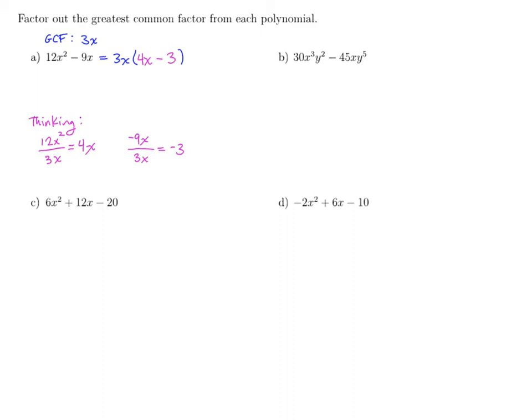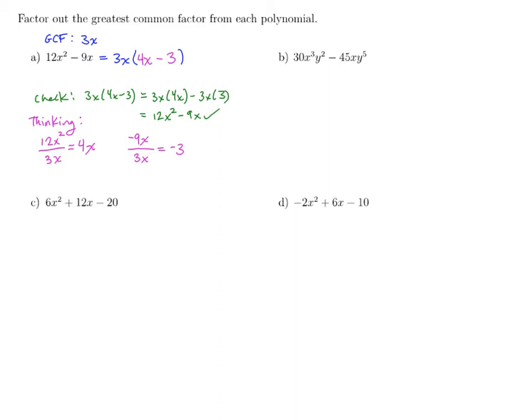If we look to distribute that 3x across to check our answer, I'll show the check real quick. So we'd have 3x times 4x minus 3 equal to 3x times 4x minus 3x times 3, which would be 12x squared minus 9x, and indeed, that's what we started with.